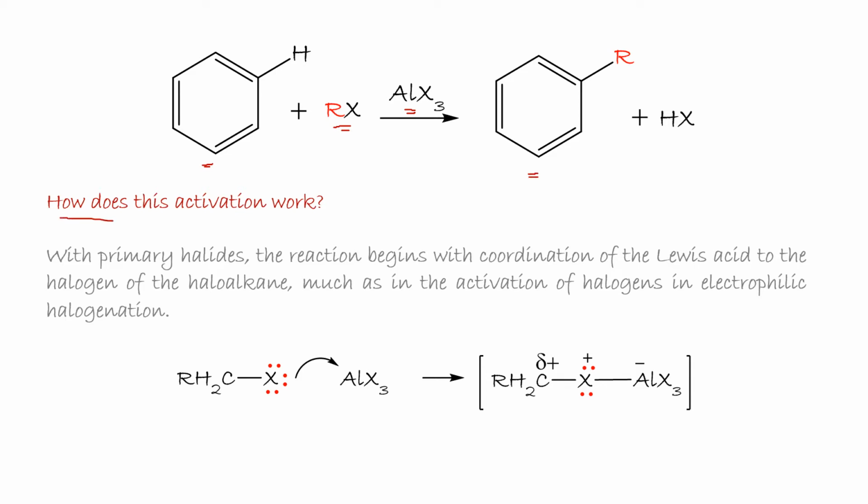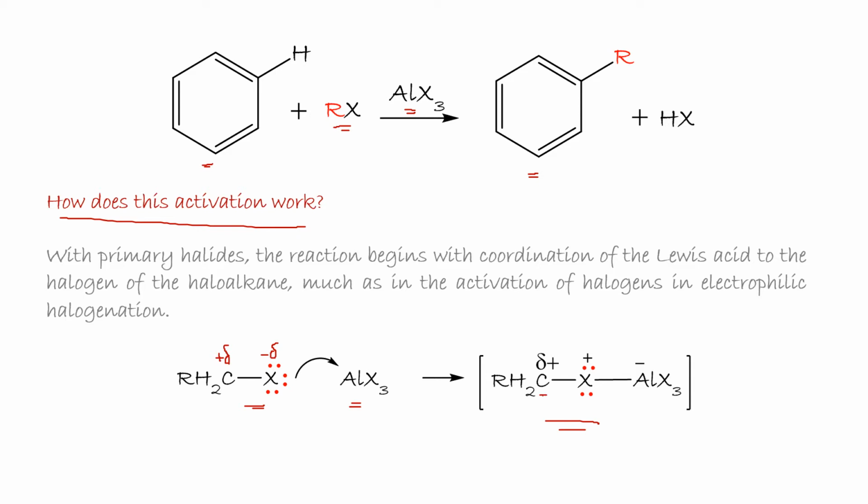But how does this activation work? We know that this is a polar bond, right, from organic chemistry and general chemistry. But when the alkyl halide reacts as a Lewis base with aluminum halide, a Lewis acid, to form an acid-base complex, this is much more polar.